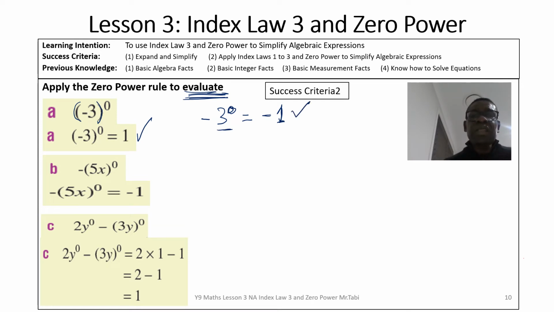So that will be the answer. But minus 3 in brackets to the power of 0 is equal to 1. That's why the bracket is there. So note the difference between the two. For this, you can see that the minus is behind the bracket. So the answer is minus 1.